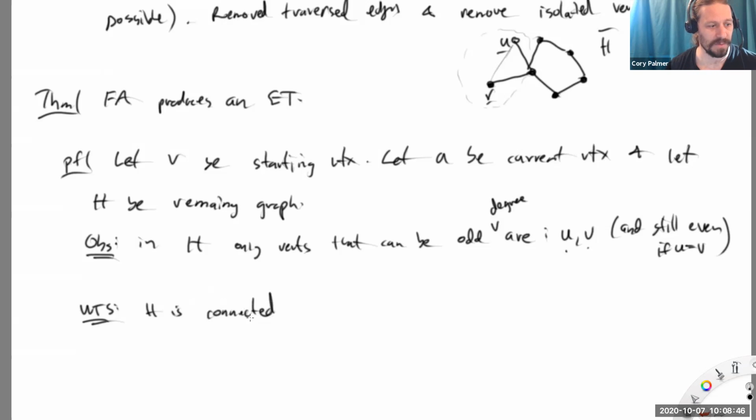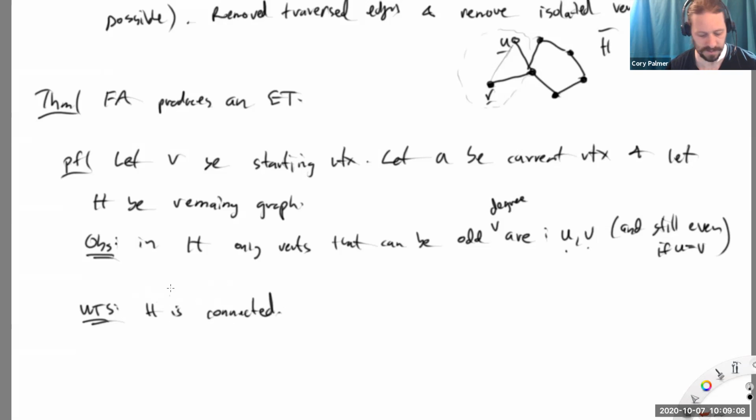And I would claim that H is connected at every single step. And we'll see, just with a little bit of thought, that this implies that the tour that we take, the walk that we take, will eventually return where we started and use up all the edges. That follows from the fact that it's connected and from the fact that the degrees are even, okay? So those two facts prove it.